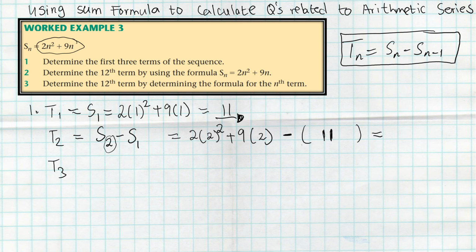Sorry for the background noise, I'm just outside and I think it's sort of disturbing. Sorry about that. Then 2 squared is 4. 4 times 2 is 8. 8 plus 9 times 2, and 9 times 2 is 18. 18 plus 8 is 26.